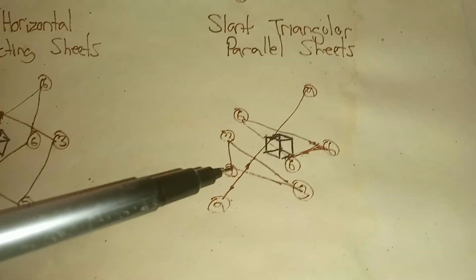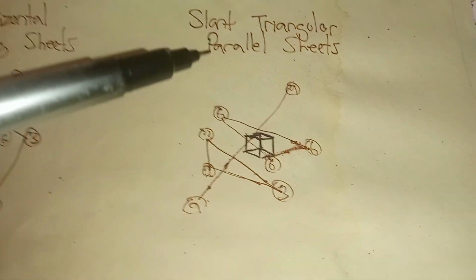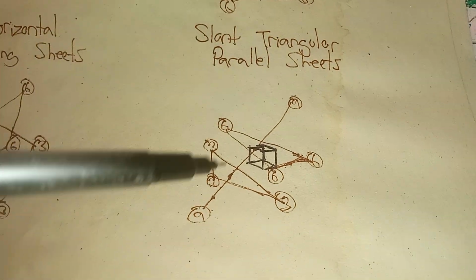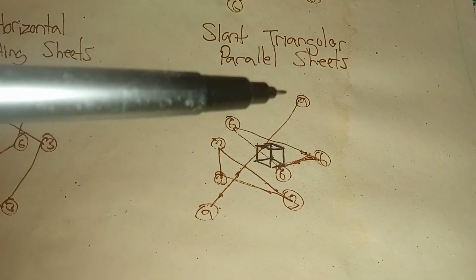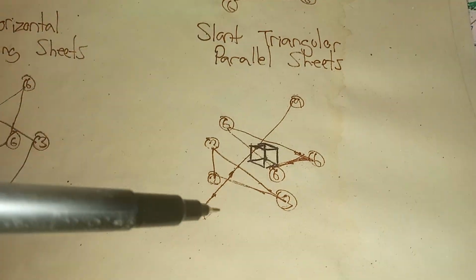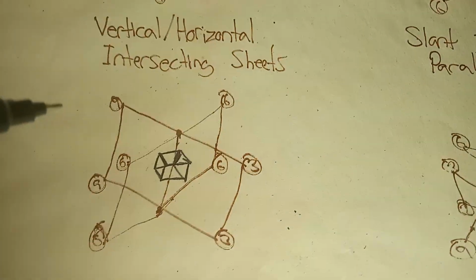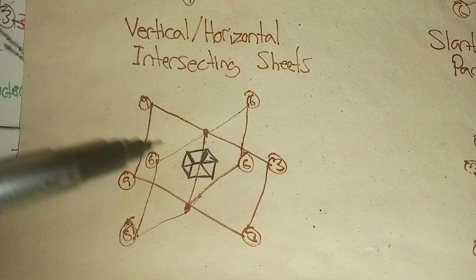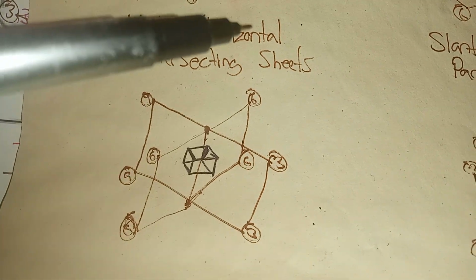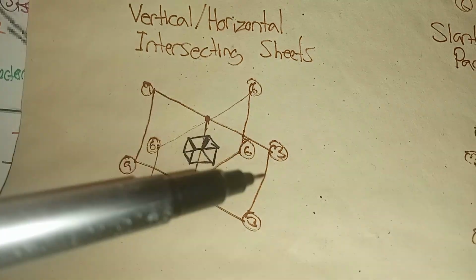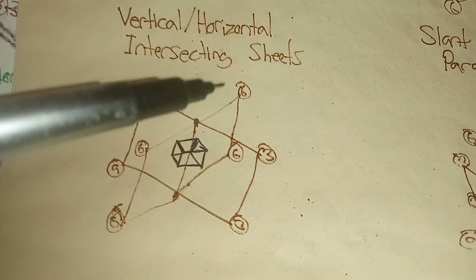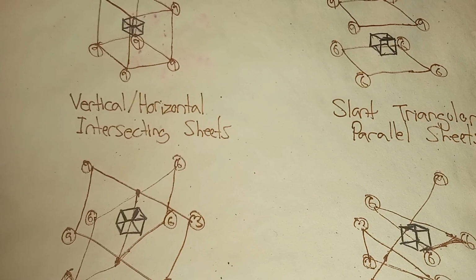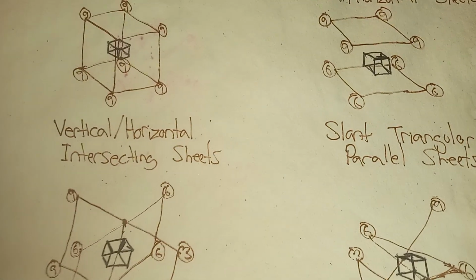This is a slanted triangular parallel sheet with a line going through it. I think a scalar 9 and 9 is equal on both sides. And this is a vertical horizontal intersecting sheet, where they intersect each other, 9 and 3 and 6, and 6 is by itself. I think I have these all figured out, but I'm not quite sure.